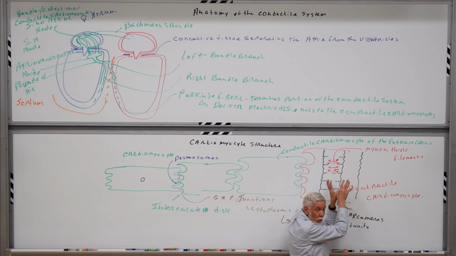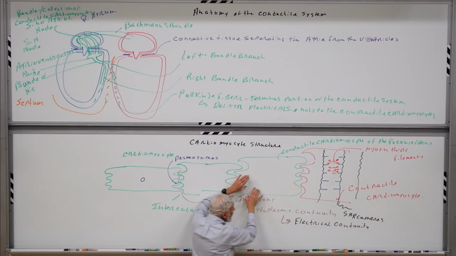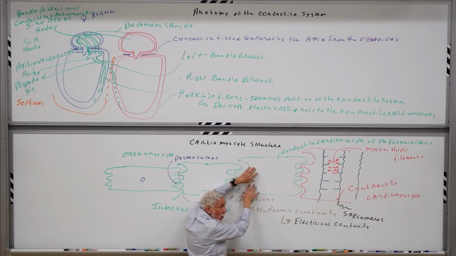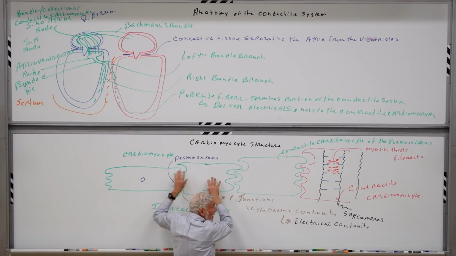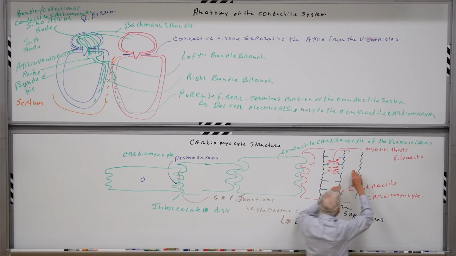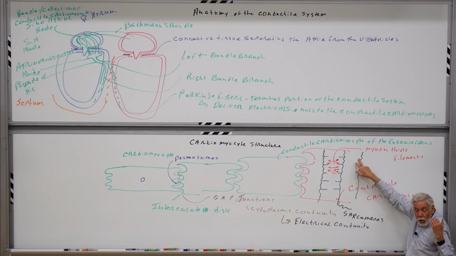That's highly elaborated in these contractile cells. The conductile cells don't have much in the way of sarcomeres. They're not really very good at causing a contraction. They're basically just here to set up an electrical signal and propagate that electrical signal to deliver it to the contractile or force-generating cells.